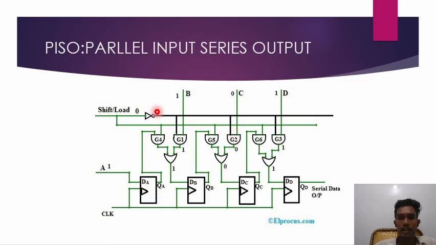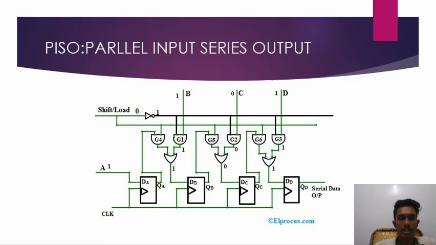G2's other terminal is connected to the load. G5 and G2 are both connected to an OR gate, and it acts as the input for the third flip-flop DC. The output QC of DC is connected to G6 and G3, and like this the circuit will work. This is the parallel input and serial output circuit.